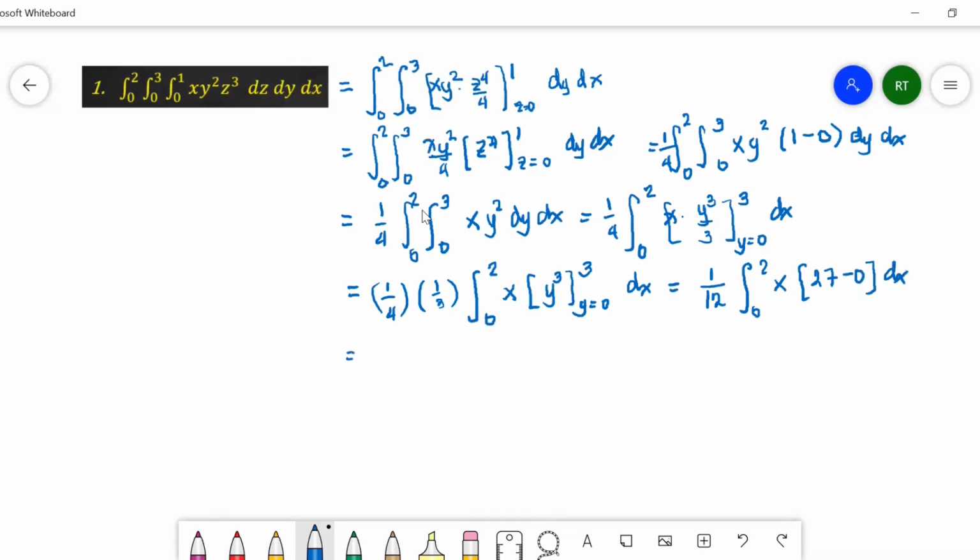So we have 1 over 12 integral from 0 to 2 of 27 x dx.